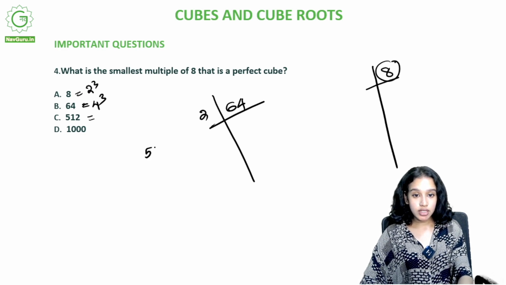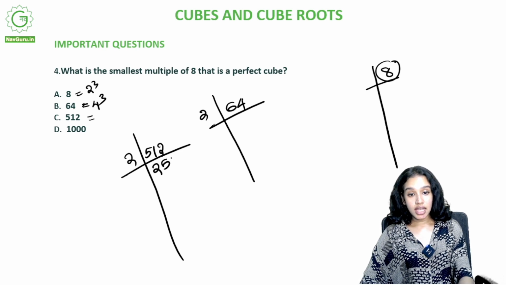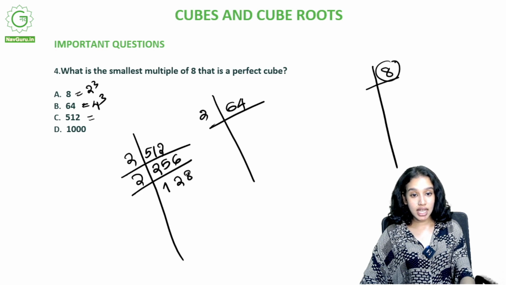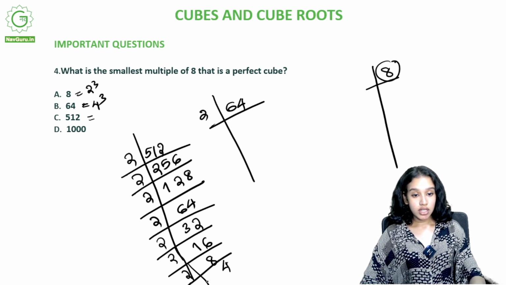And what about 512? Let's see. Dividing by 2 we get 256, again by 2 we get 128, again by 2 we get 64, again by 2 we get 32, again by 2 we get 16, again by 2 we get 8, again by 2 we get 4, again by 2 we get 2, and again by 2 we get 1.